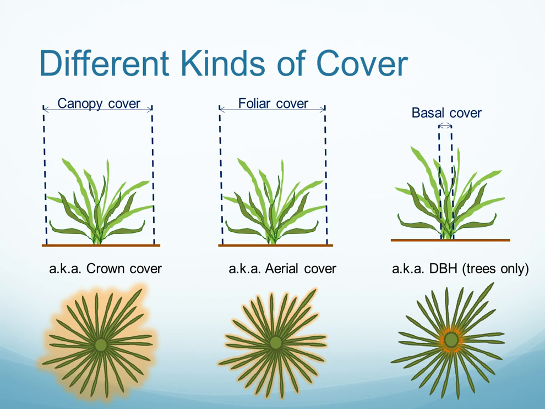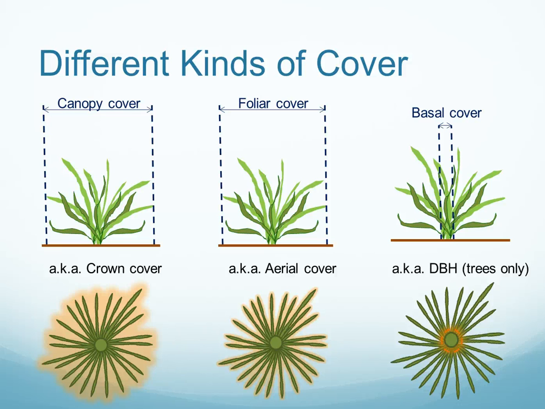And so from forestry practices, DBH, which is the abbreviation for diameter breast height, is defined in the United States and in Canada as 1.4 meters above the ground. That would be the height at which we would measure the circumference of the tree trunk or the bole of the tree.